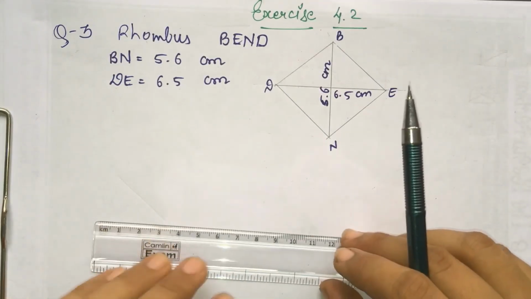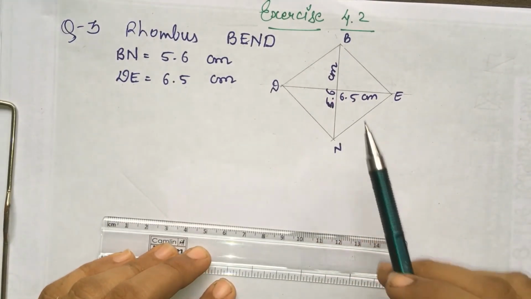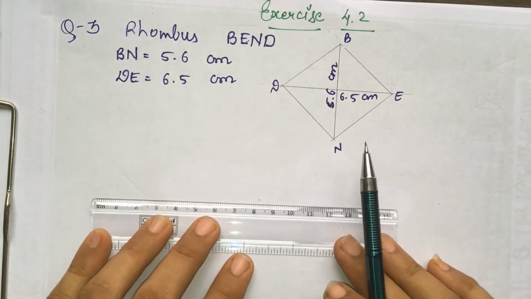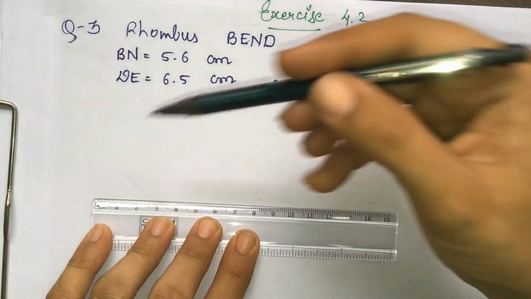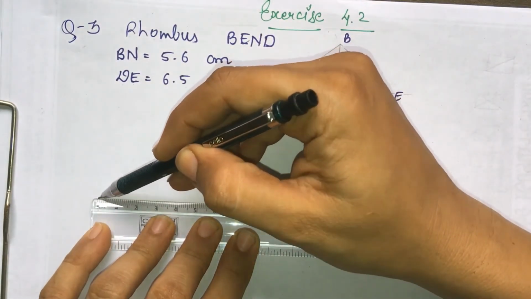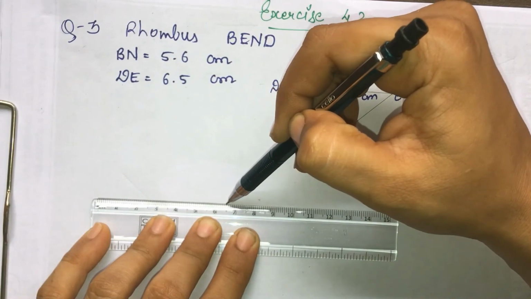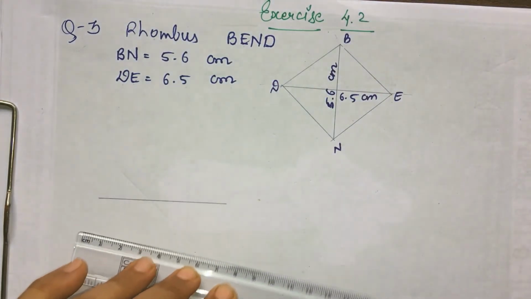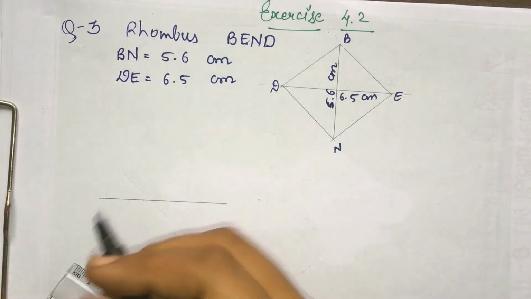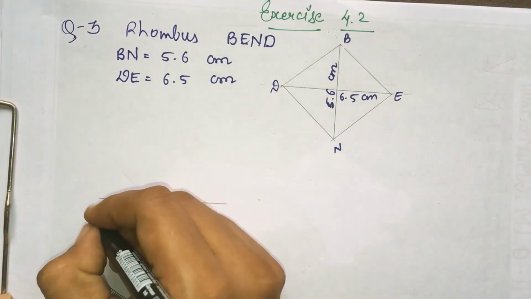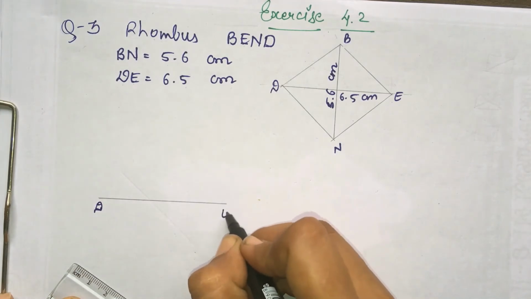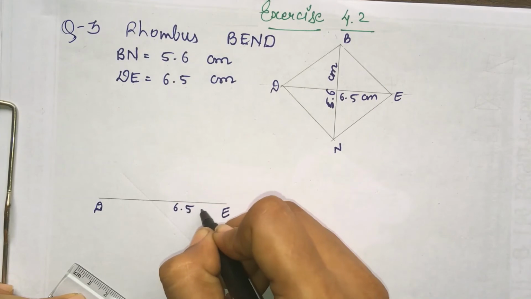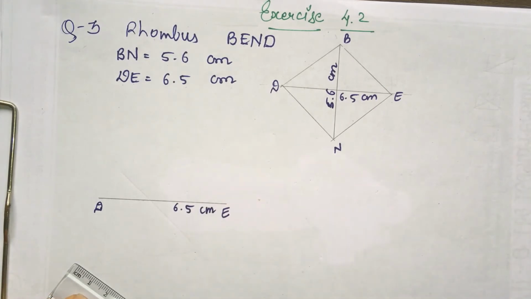So starting with diagonal DE, which is 6.5 centimeter. So here I will draw a line segment of 6.5 centimeter length and will name it as DE, 6.5 centimeter.